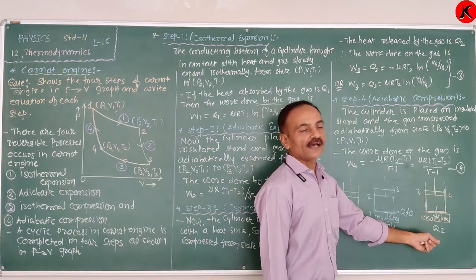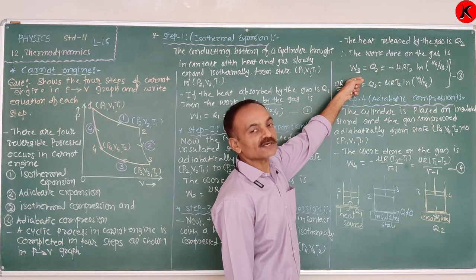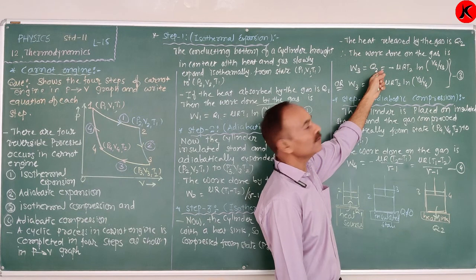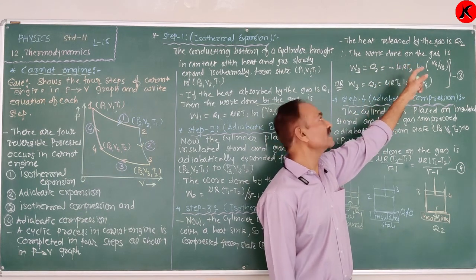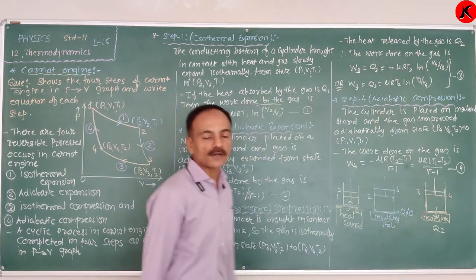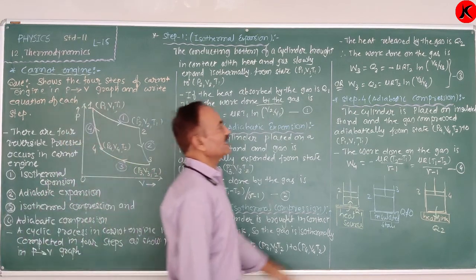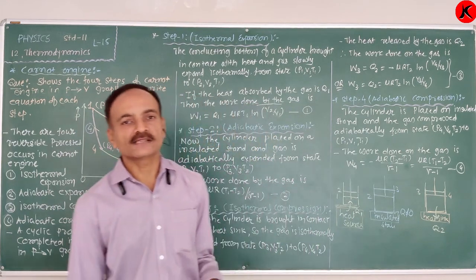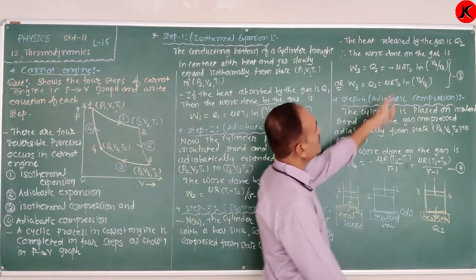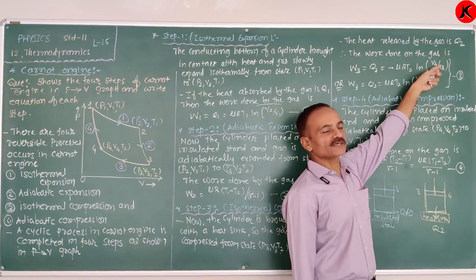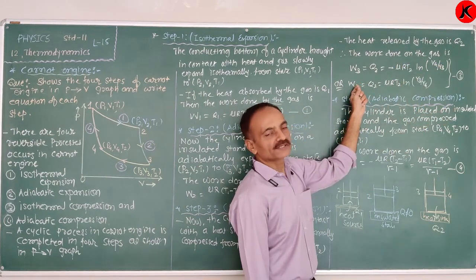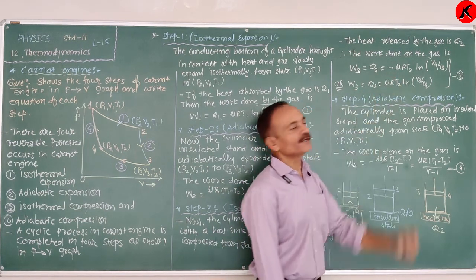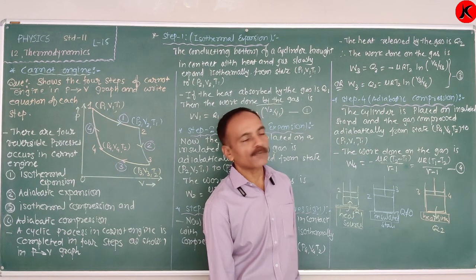W3 is equal to the exchange of heat, because this is an isothermal process. W3 is equal to Q2, which is equal to minus mu R T2 ln V4 upon V3. Here the negative sign is present because it is work done on the gas. To convert into positive, this ratio is inverted. Therefore, W3 is equal to Q2, which is equal to mu R T2 ln V3 upon V4.